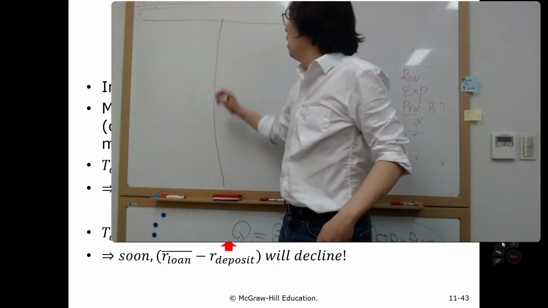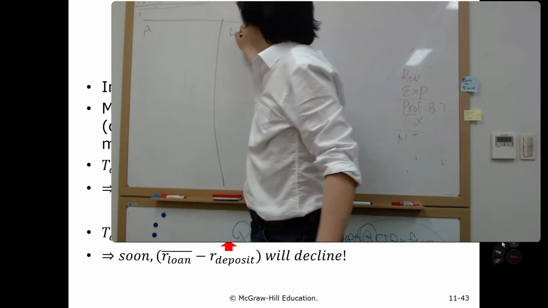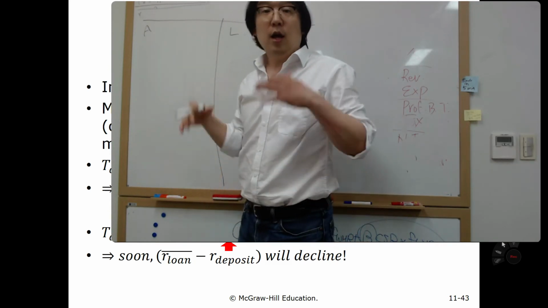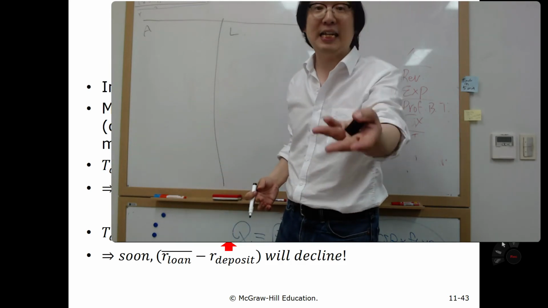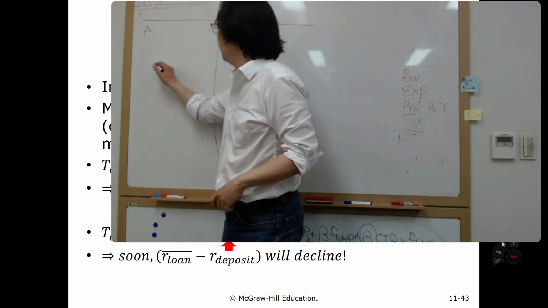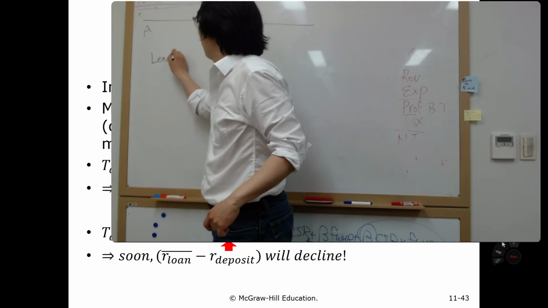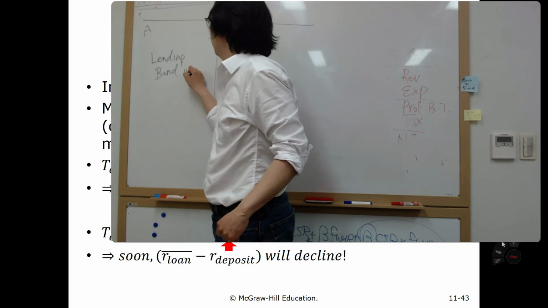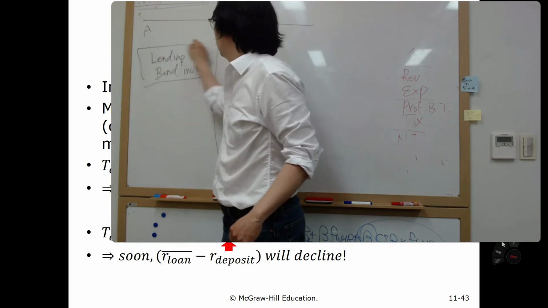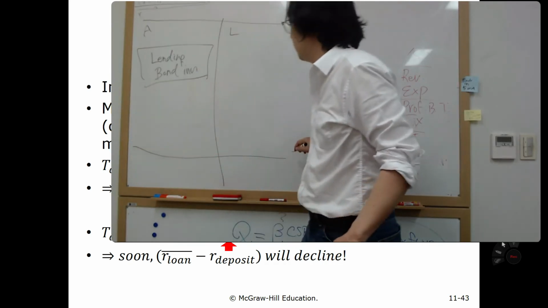Assets and liabilities. On the asset side, your investment portfolio, let's say you have some lending or bond investment, sits over here on this huge balance sheet.